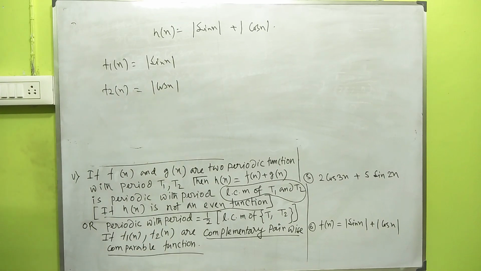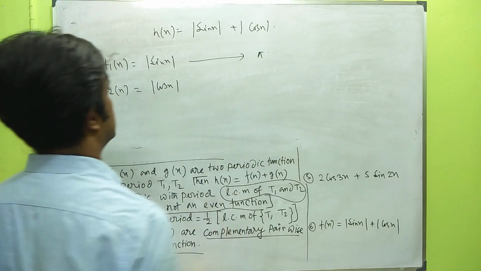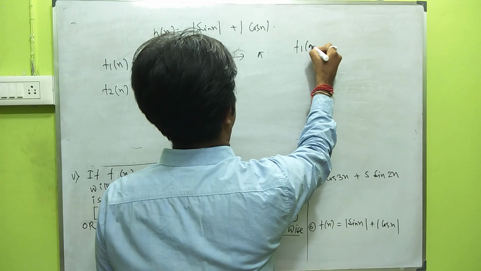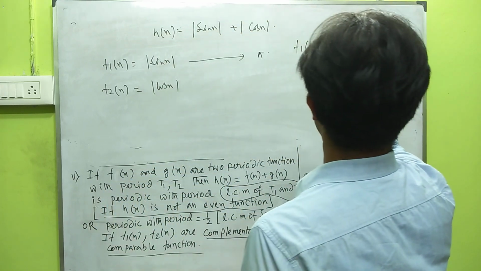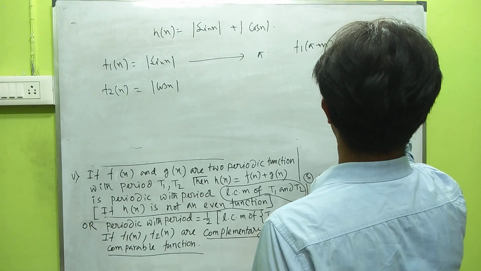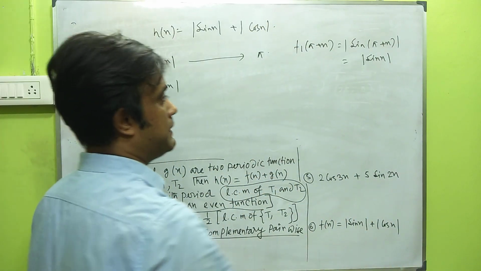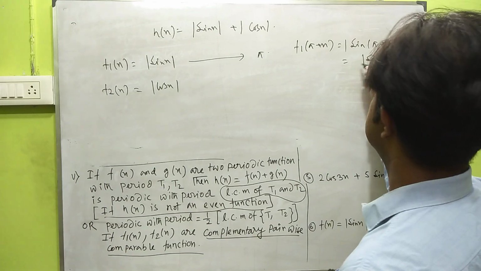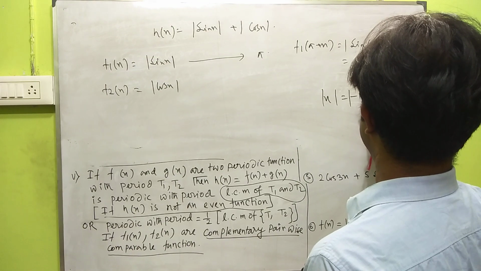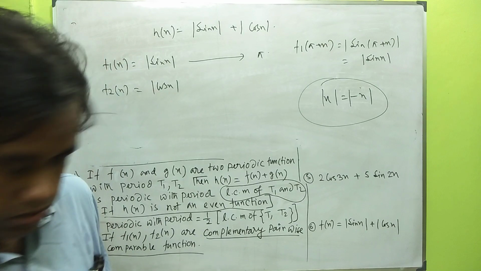What will be the period of this function? We know that the period of this function is pi, as f1 of (pi plus x) is equal to mod of sin (pi plus x) is equal to mod of sin x. Pi plus x means minus sin x, so mod of x is equal to mod of minus x. We can write this, mod of x is equal to mod of minus x.